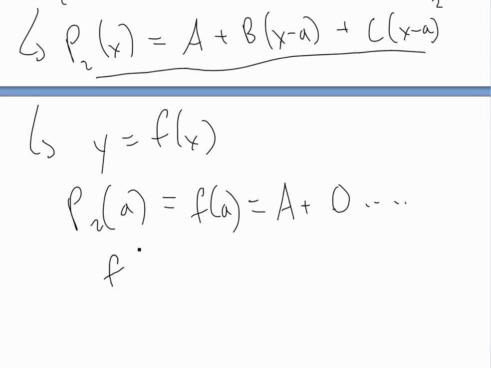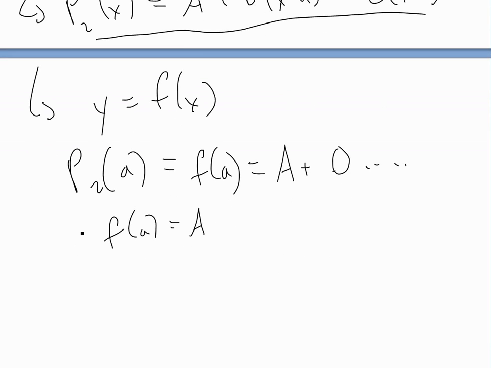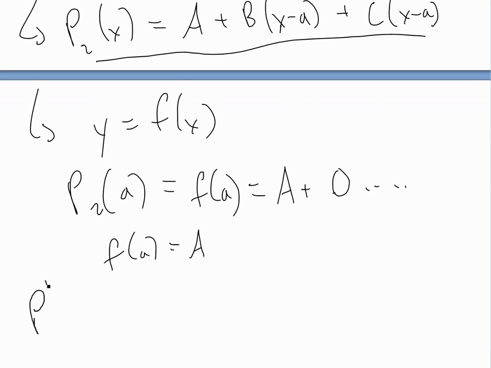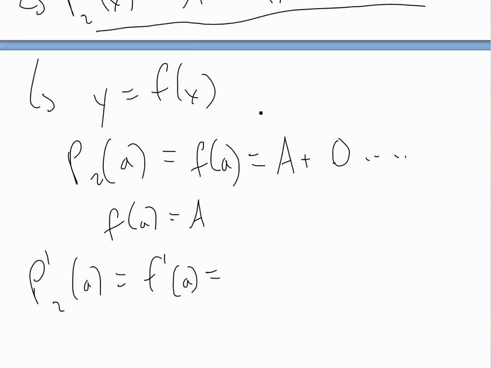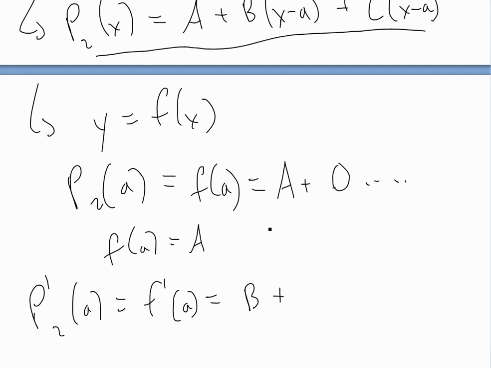So f of a is equal to a, and now if we do the derivative, we know that p2 prime of a is equal to f prime of a. The derivative of the first term is 0. The next one would just be b, plus the derivative there, which is 2c times (x minus a).